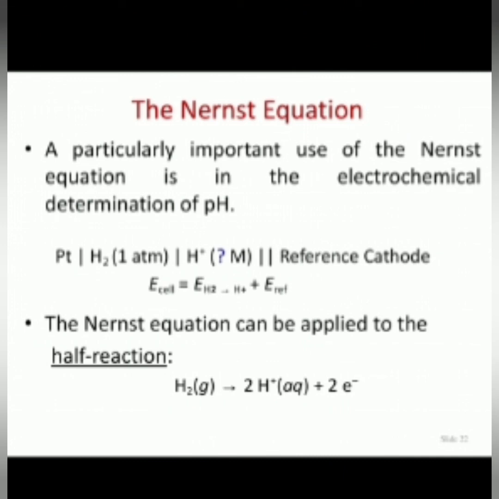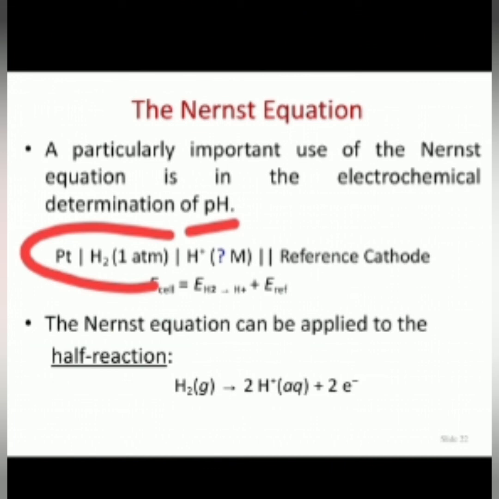A particularly important use of the Nernst equation is in the electrochemical determination of pH. We can calculate pH with the help of the Nernst equation. For the standard electrode potential, an inert platinum electrode can be used, and this platinum electrode is arranged with a reference electrode.